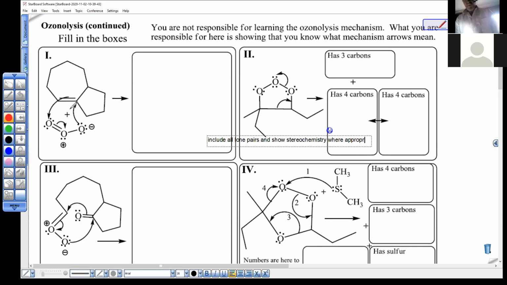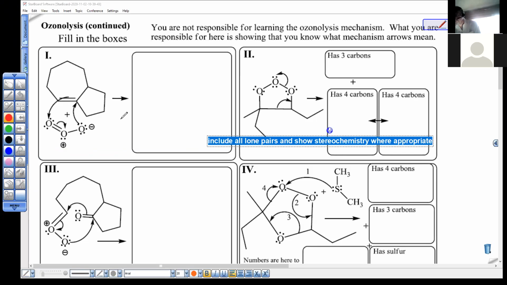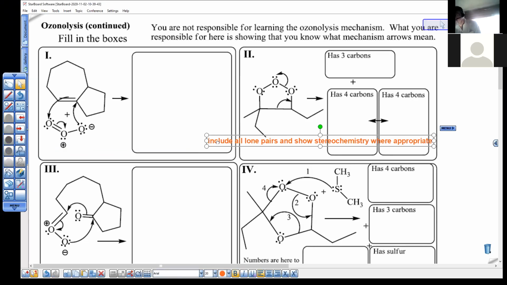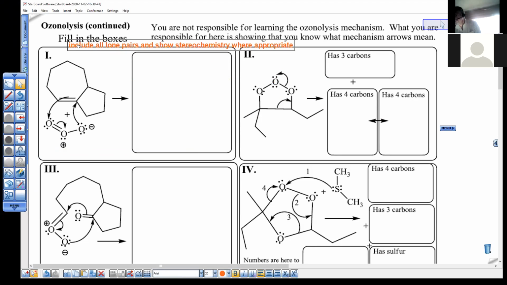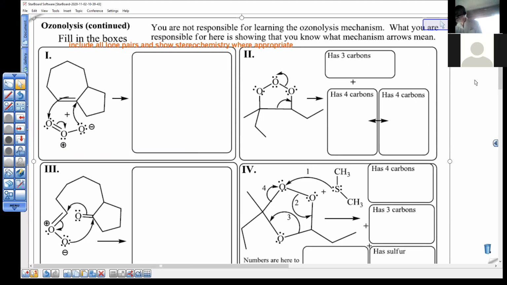Inventing new words here. Okay. Make that as bright as possible. Sure, that'll do it. Okay. Now it looks like a test question.